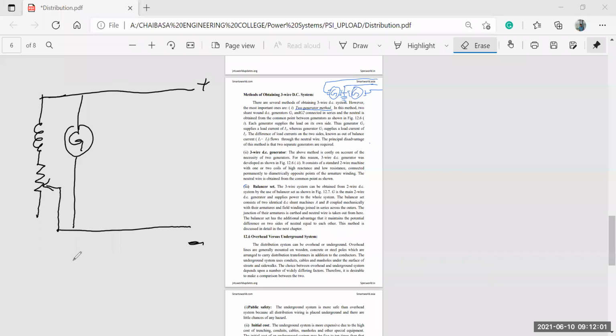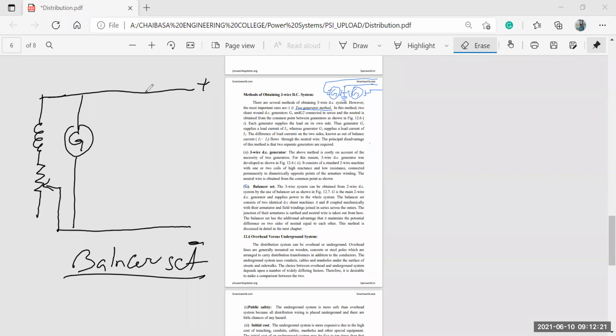Now, over here, two balancers are involved. How is this balancer set created? If two-wire system is there, we add two balancers to this.